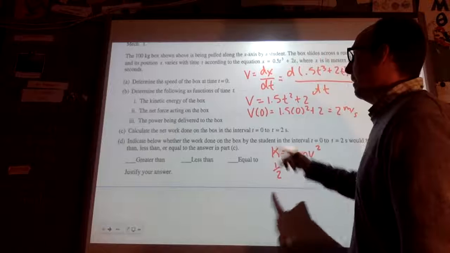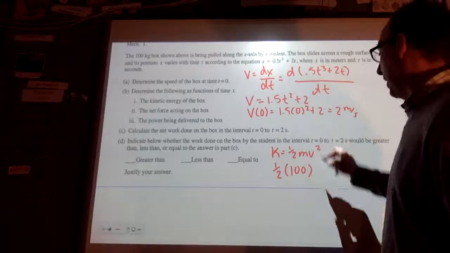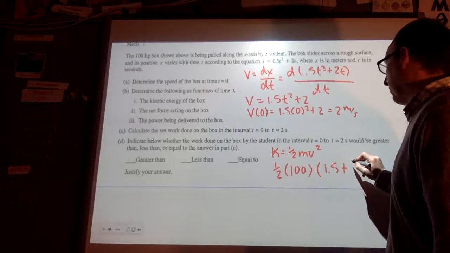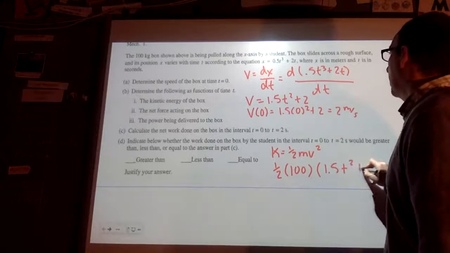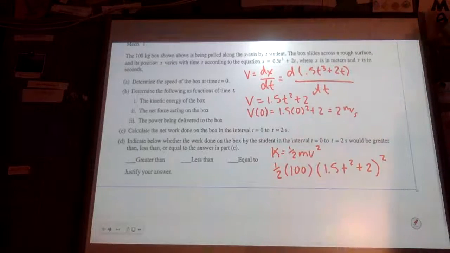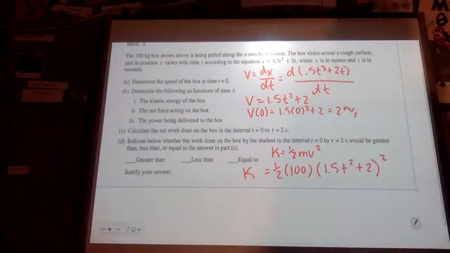So I'm going to have 1/2, my mass is given, so that's going to be 100, and then I'm going to have 1.5 t squared plus 2, and that's going to be squared. So this would be the function of kinetic energy.